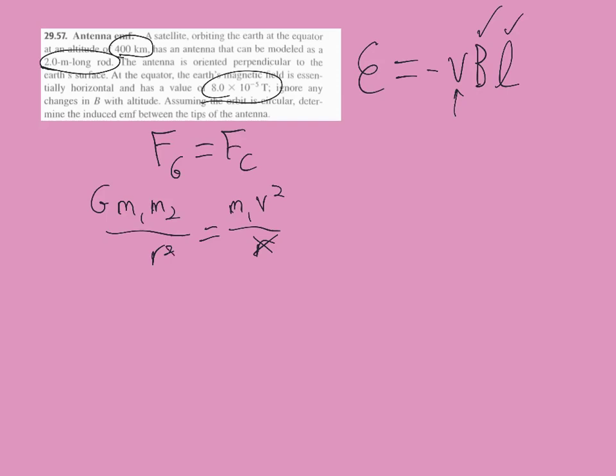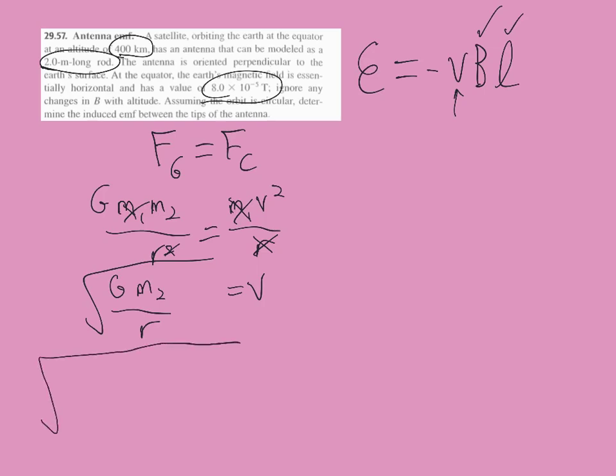The m1 goes away. So v is going to be the square root of G m2 over r. We've done that before, but it involves looking up things, so we're going to have to solve that.